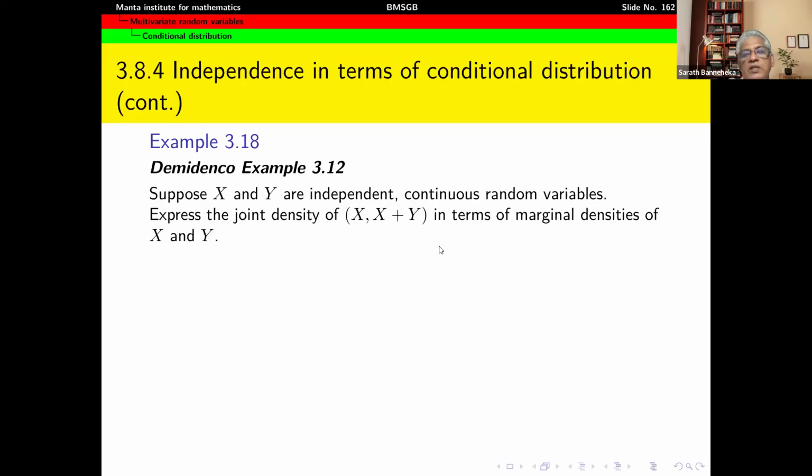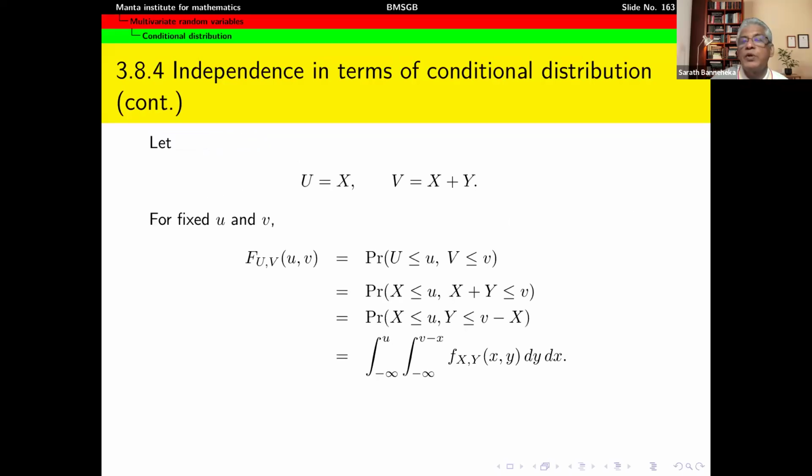The importance of getting it in terms of marginal densities is that we are assuming that we know the marginals of X and Y, so if we can get a formula to find the joint density in terms of marginals, that will be more convenient. So that's the importance of this particular example: try to get the joint density of these two random variables in terms of the marginals of X and Y.